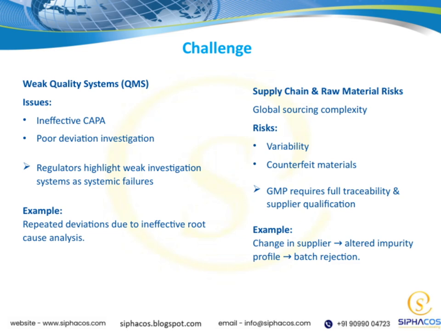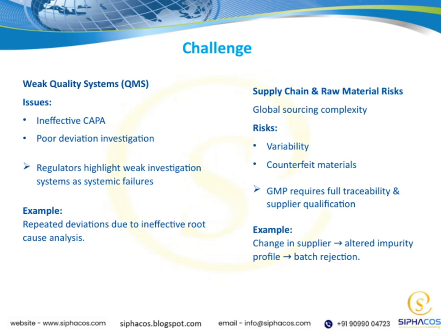Moving on to quality systems, or QMS, weak quality systems can lead to serious issues. For instance, ineffective CAPA, or corrective and preventive actions, can leave problems unresolved, and poor deviation investigations mean root causes aren't properly identified or addressed.